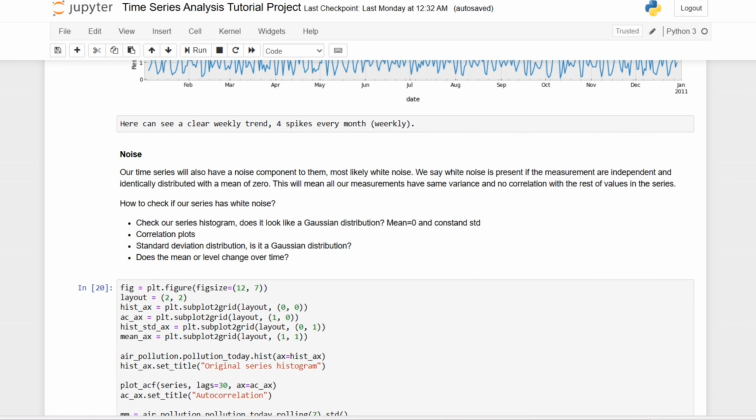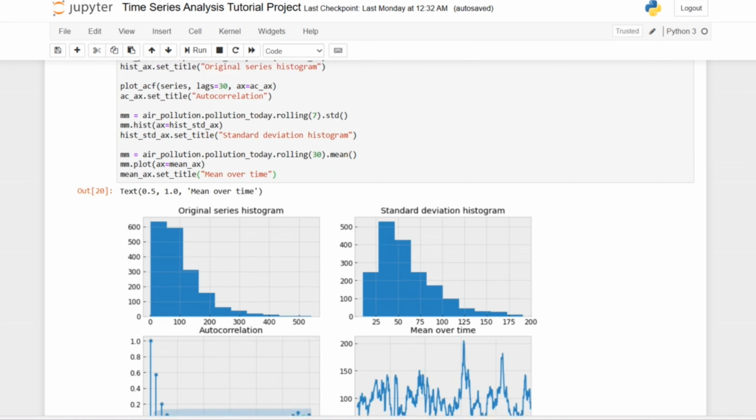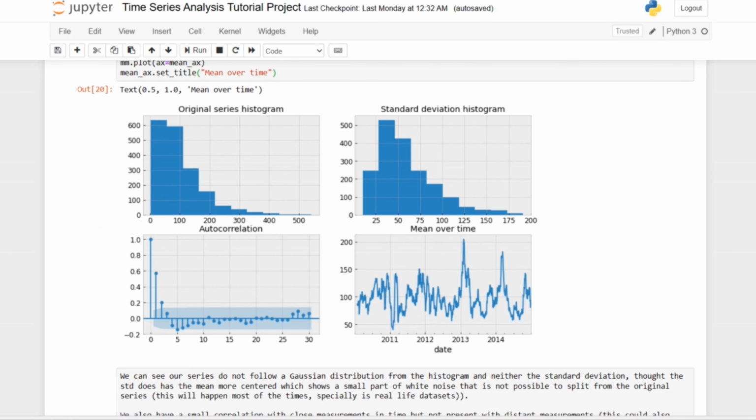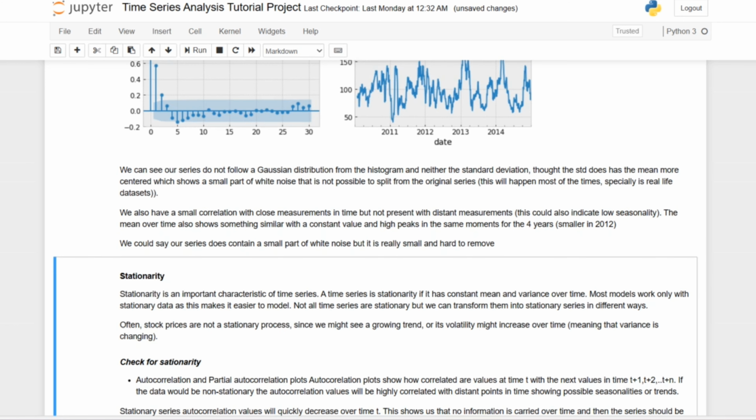I plotted the four plots close to each other. You can see the original series histogram, the standard deviation histogram here, the correlation plot, which is basically the autocorrelation plot, and the mean over time. We can see that the series does not follow a Gaussian distribution, guys. Neither does the standard deviation, because the mean is not zero.